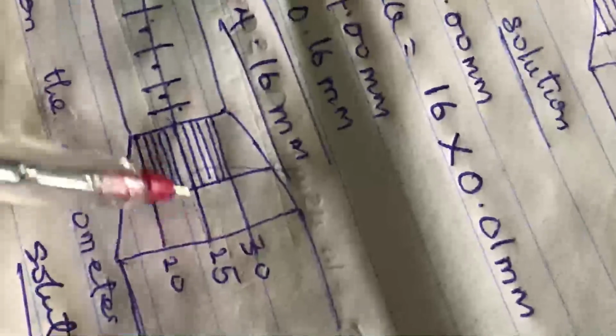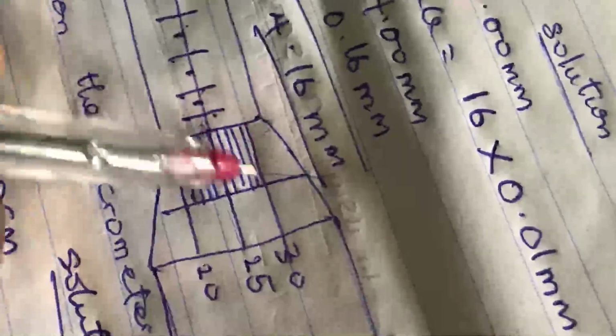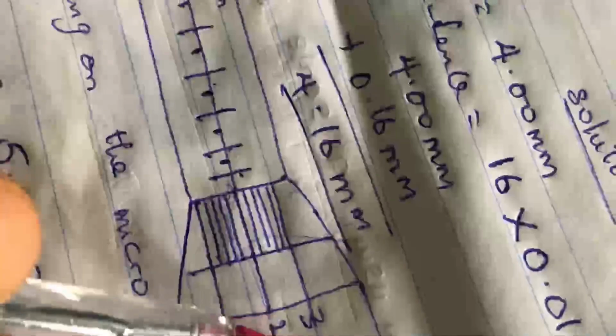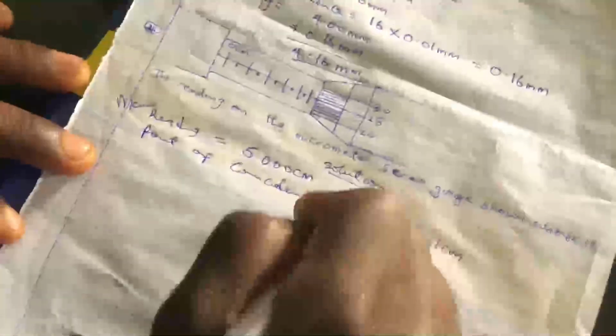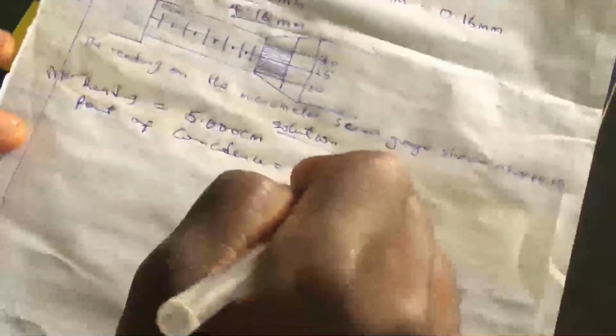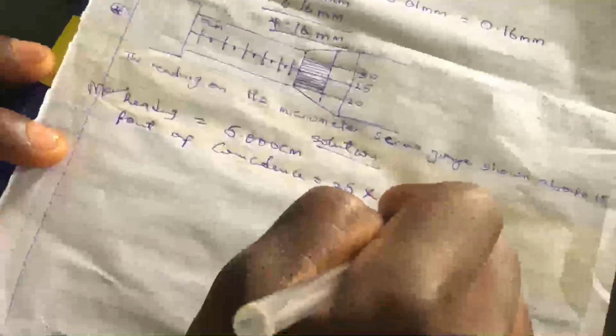Now, what's the point of coincidence? If we look very well, we see that this is the point of coincidence at 25, where this part joins this part here. So the point of coincidence equals 25, but instead of writing 25, we say 25 times, since it is in centimeter, 0.001 centimeter, and that is 0.025 centimeter.